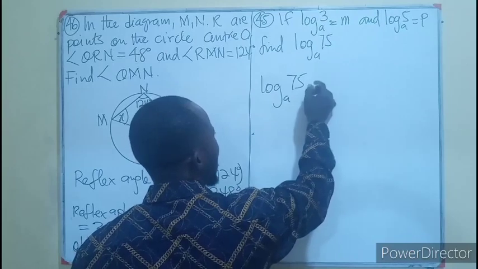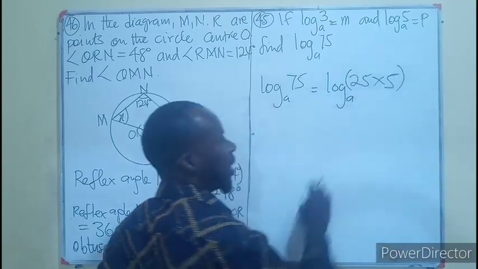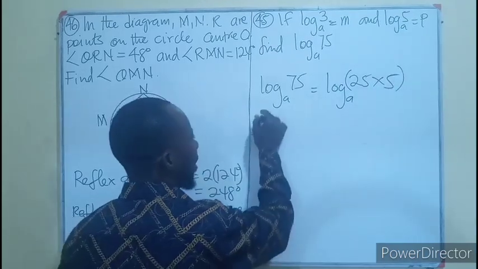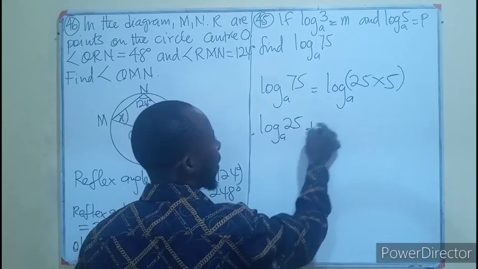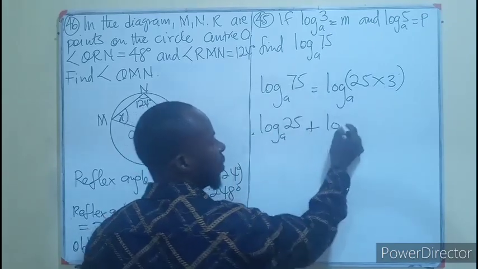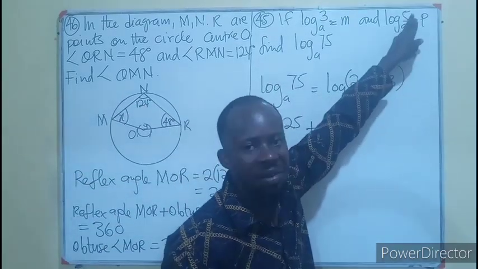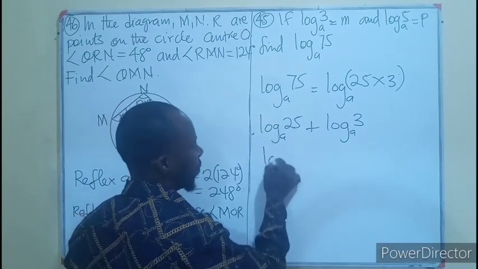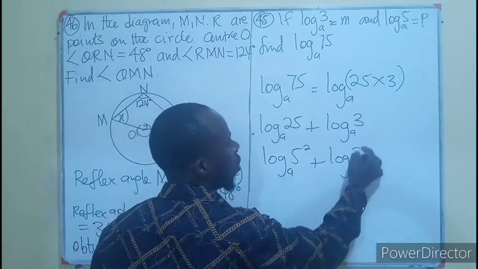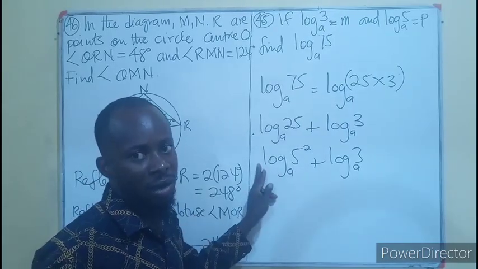So I write log 75 base A equals log of 25 times 3 base A. The property says that if I am multiplying two numbers, I can add their logarithms. Meaning I have log 25 base A plus log 3 base A. Log 3 base A is not given as such, but 5 is given, so we rewrite 25 in terms of 5: log 5 exponent 2 base A plus log 3 base A. One law says the exponent comes to multiply the log, as the third law.